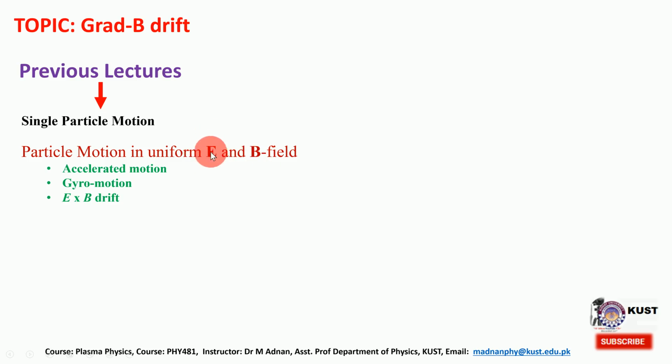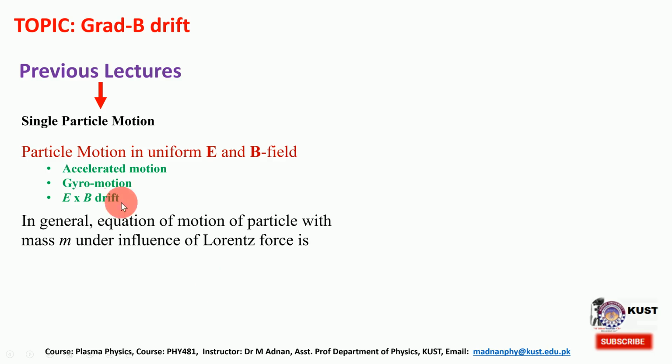That is, once we have cross field, that is E and B are perpendicular to the direction of motion of the charged particle, then along with these accelerated and gyro motion, there will be a guiding center drift which is known as the E cross B drift. That will be felt by the charged particle once it is moving in the plane perpendicular to the direction of magnetic field. So how have we obtained this conclusion?